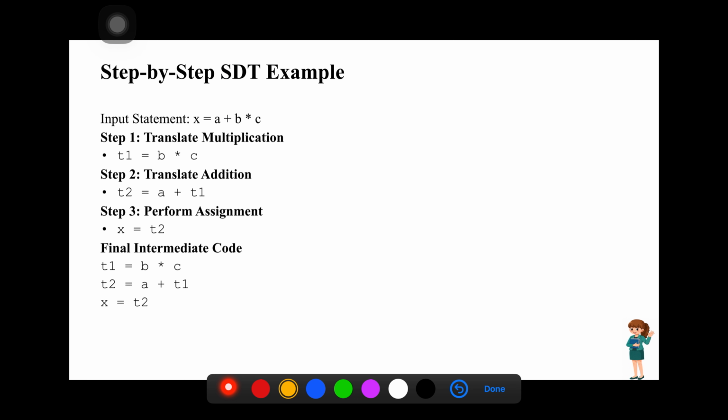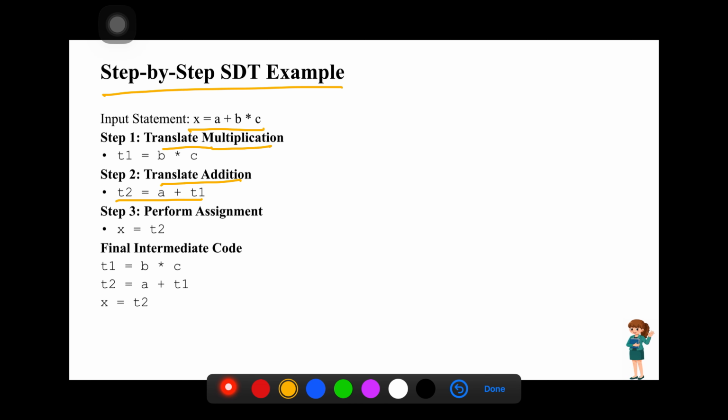Step by step SDT example. Let's take another example. X equals A plus B into C. First, we evaluate the multiplication because multiplication has higher precedence. So we generate T1 equals B into C. Then we add A. T2 equals A plus T1.